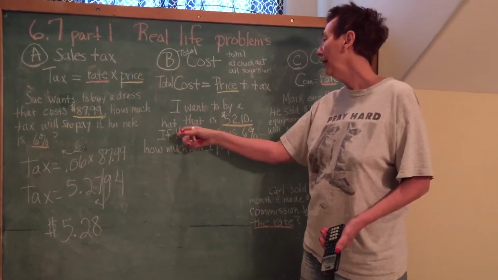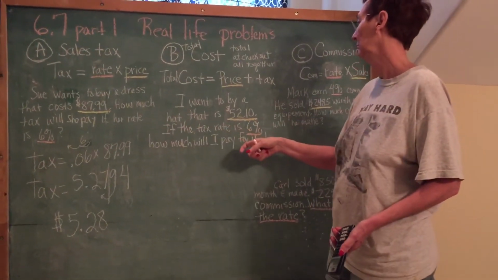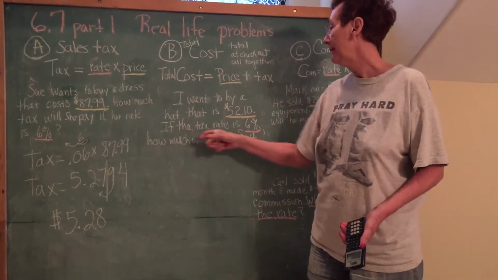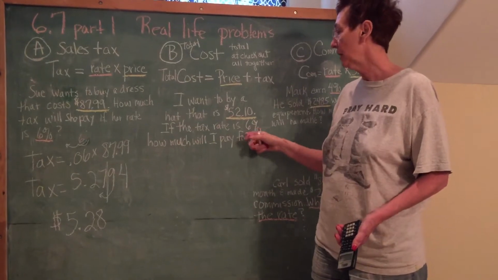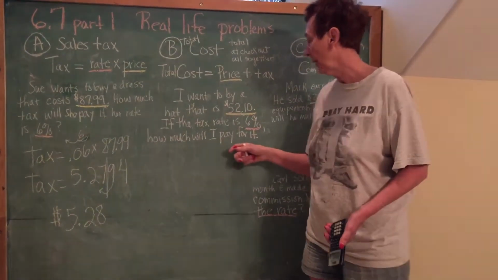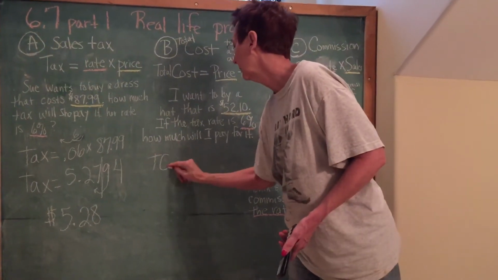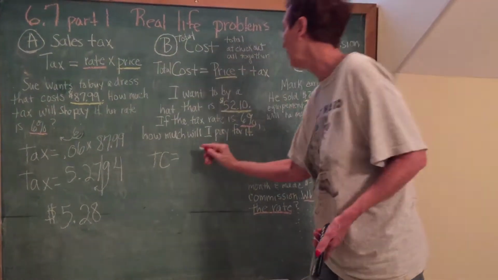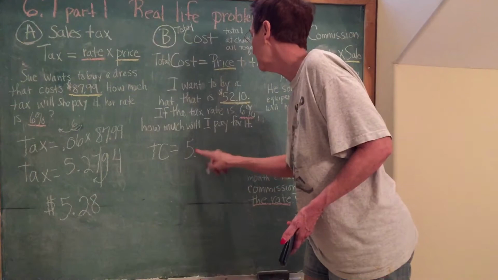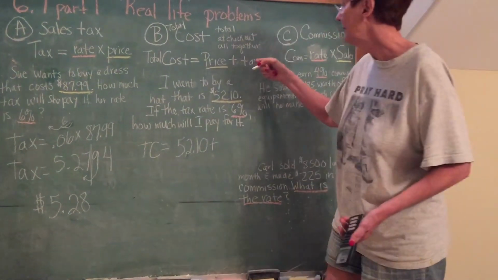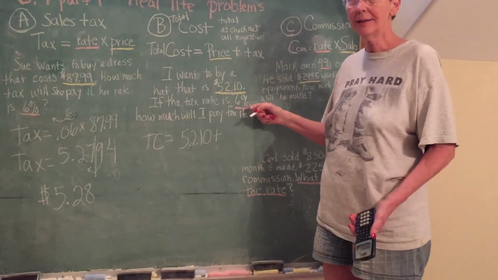So I want to buy a hat that's $52.10. My tax rate is 6%, so now I want to know how much I am going to pay for it, okay? So my total cost is equal to my price. Well, that's $52.10, plus my taxes. Well, I don't know my taxes yet.